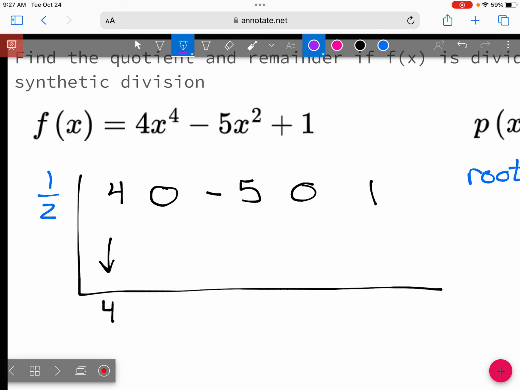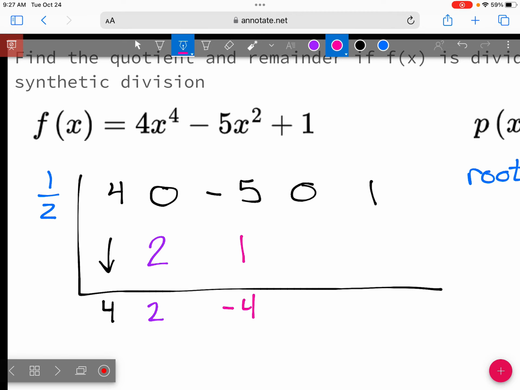What goes under my first 0? 2. 4 times 1/2 gives us 2. We're going to add down to get 2. What's going to go under the 5? 1. Because 2 times 1/2. What's going to go under the 1? -4.